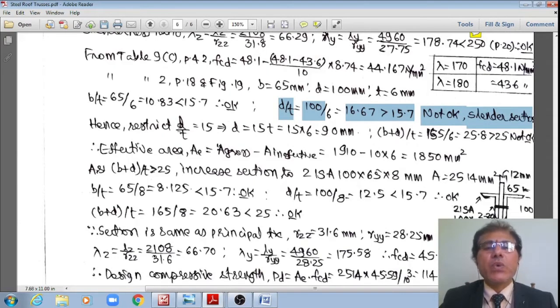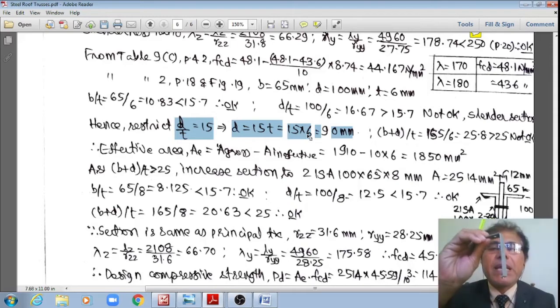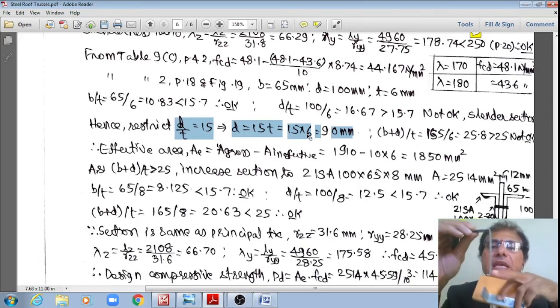Even now, what I'll do is that in such a case, you restrict this D by T to 15. There is no other option. Therefore, either you say that D is equal to 15 multiplied by T, right? Therefore, that connected leg should be restricted to 90 mm only. Even if the connected leg is 100, what you can assume is that out of that 100 mm, 10 mm is ineffective.